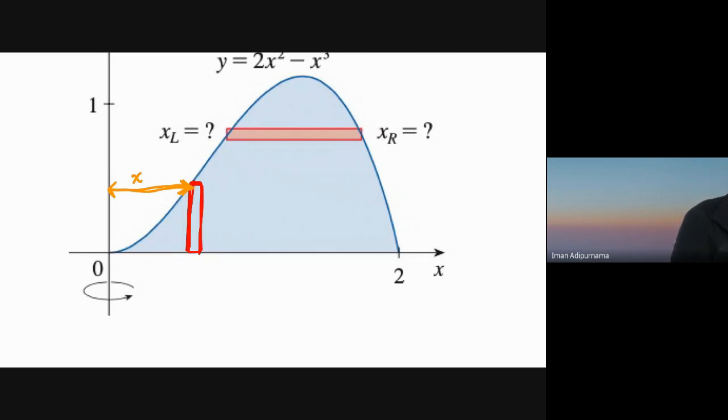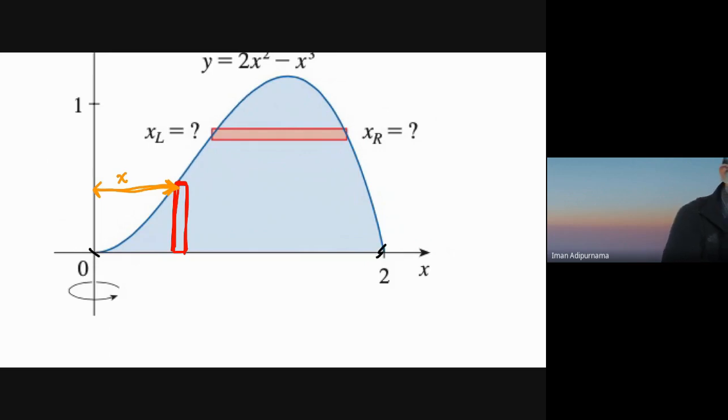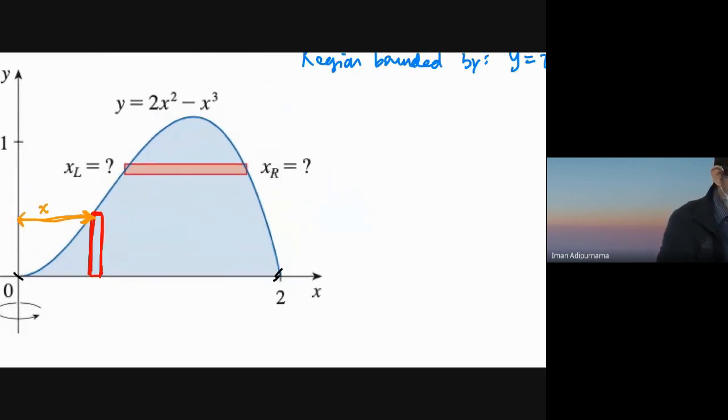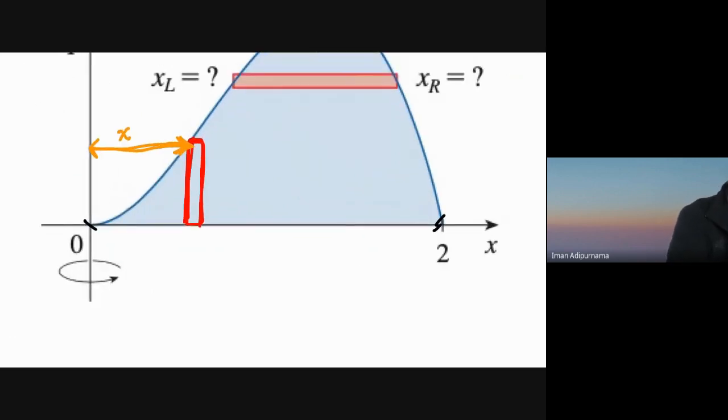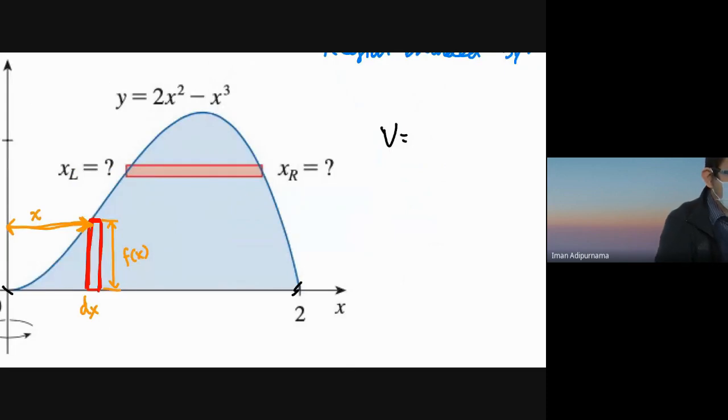And our evaluated points are 0 and 2. So for the volume, if I want to write in more detail, this will be the f of x. And we have the x here. The thickness is the dx.